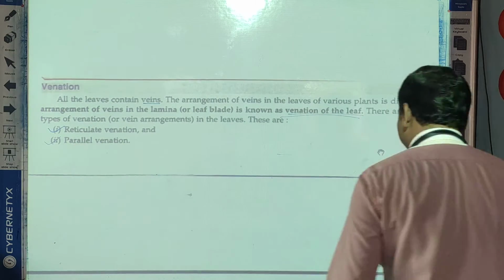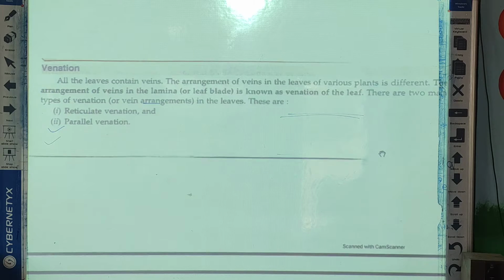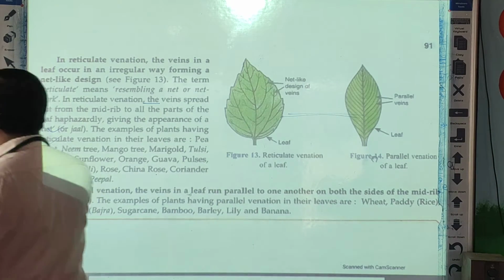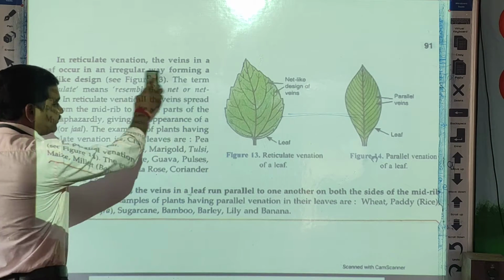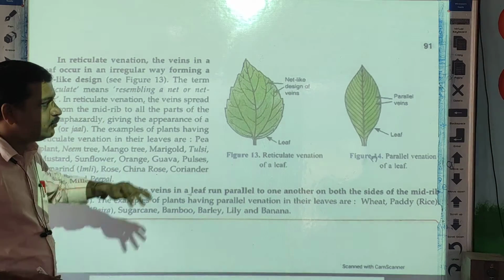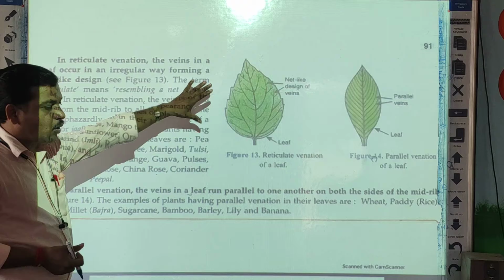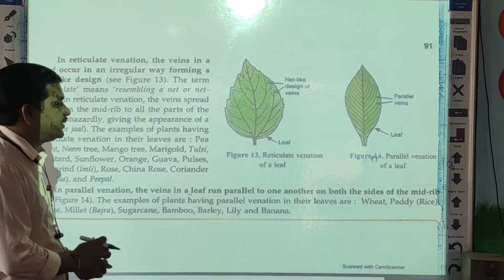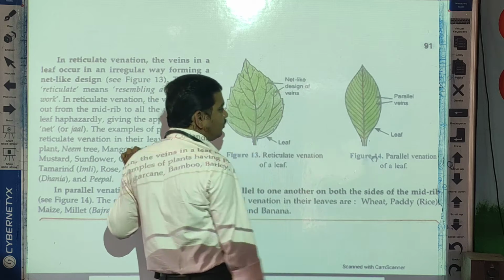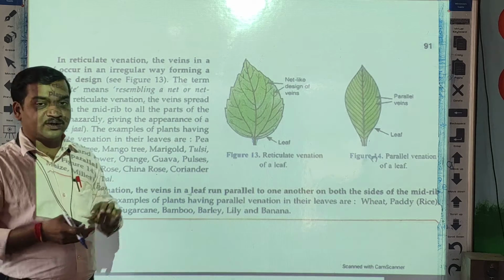Before that I will show you the picture. So you can see here, this is the picture for you. By this picture you can understand more properly. Now you can see this is one leaf and this one is the second leaf. Now see in both the leaves what is the difference.